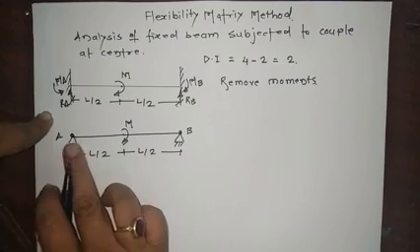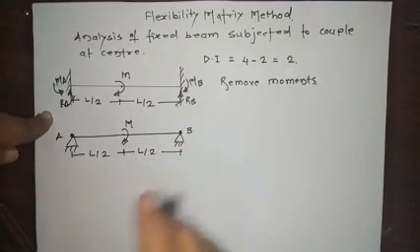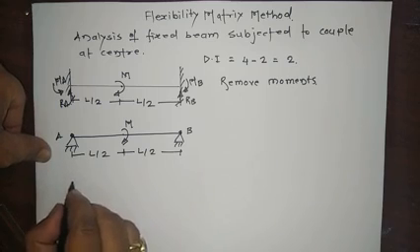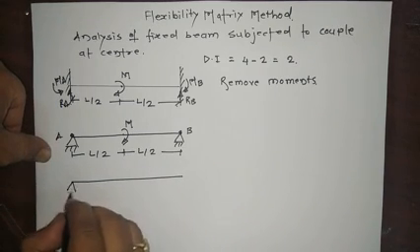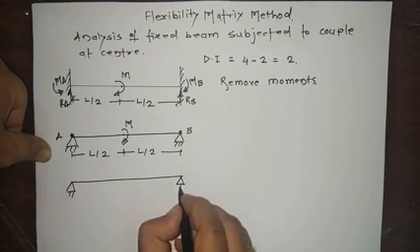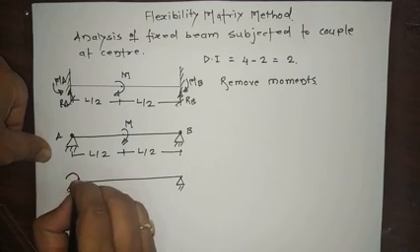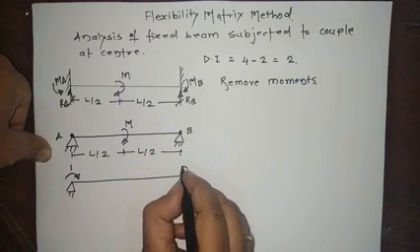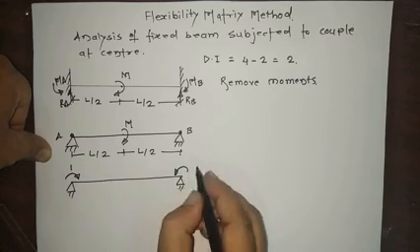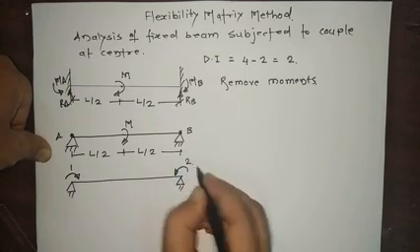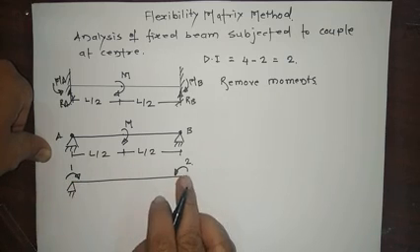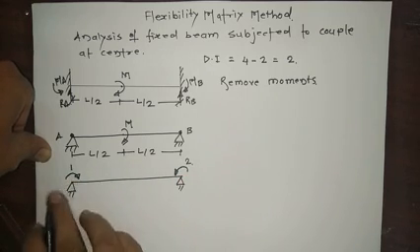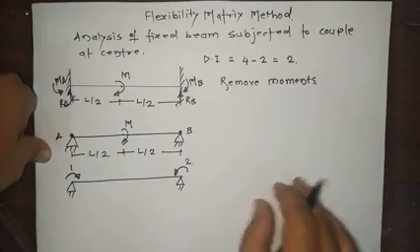Now apply the rotations at A and at B. So this is our assumed direction, suppose the direction of MA is like this and the direction of MB is like this. So this is rotation at 1 and rotation at 2. It is a unit force or unit moment.